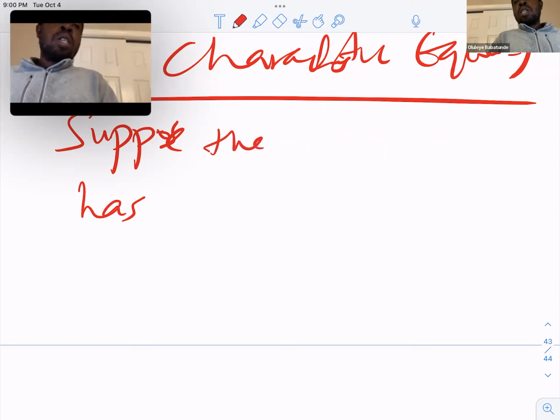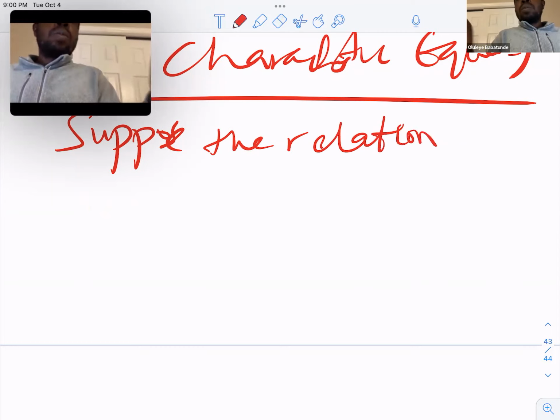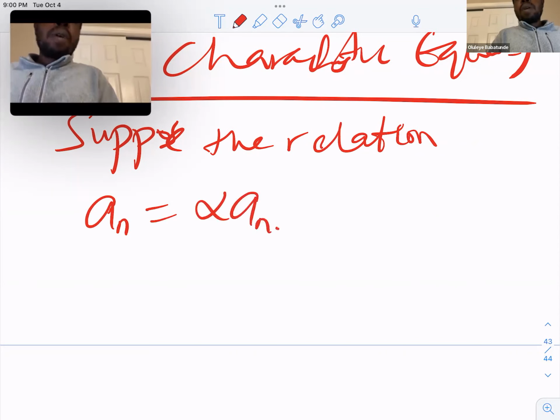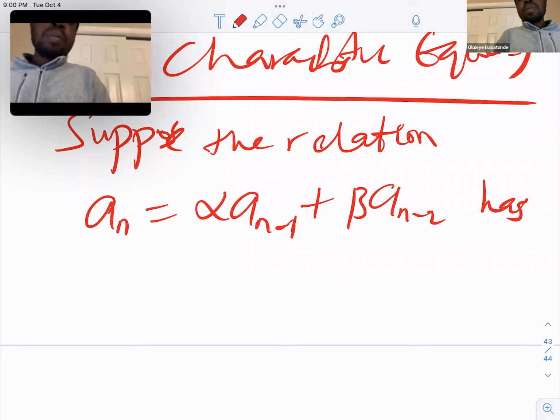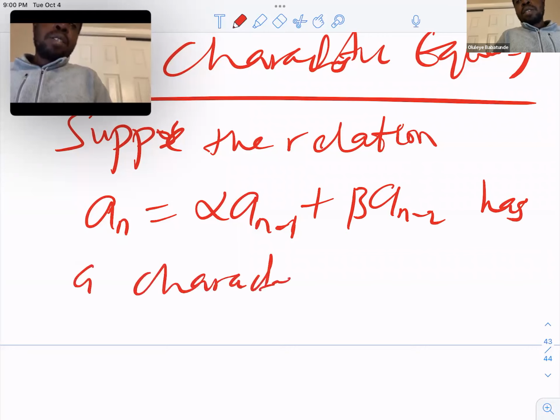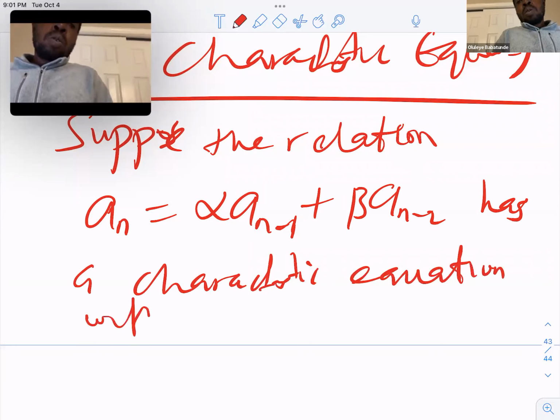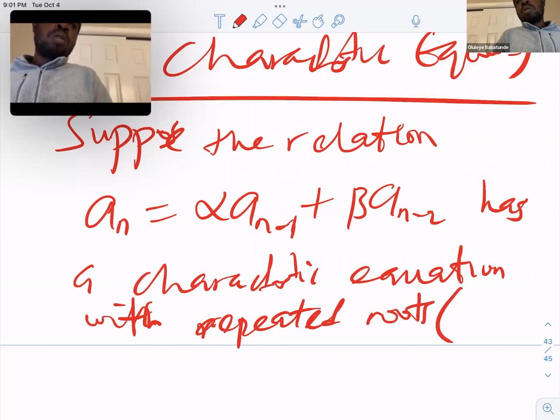Suppose the relation a_n equals alpha a_(n-1) plus beta a_(n-2) has a characteristic equation with repeated roots, just one root. That is what it means.